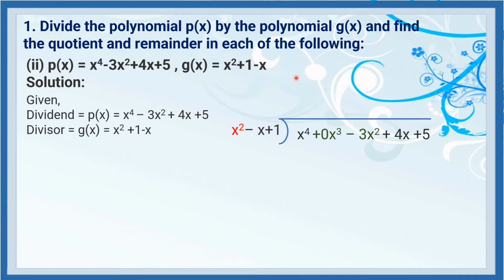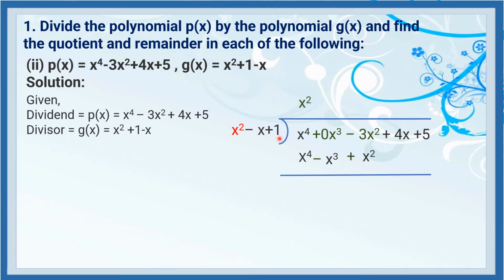Now find the first term, x power 4 divided by x square, that is x square. Now we multiply this term and this term. So x square into x square is x power 4. Now x square into minus x is minus x cube and x square into 1 is x square.